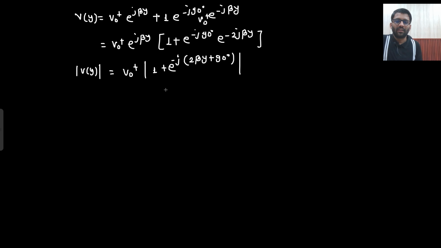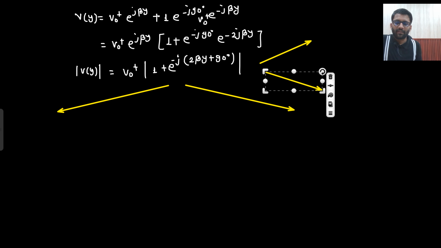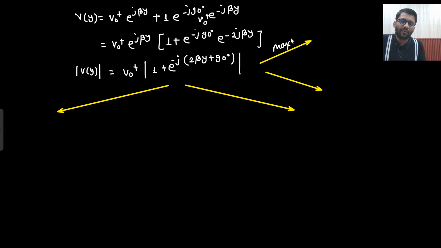This you can see. From here I can find out the maximum and minimum value, or maxima and minima as well I can find. If I find out the maximum value and minimum value, so what will be the maximum value and minimum value? For maximum value this will be 1, so 2 v naught plus, and for minimum value this would be minus 1, so this will be 0, okay. Now you find maxima and minima, okay.